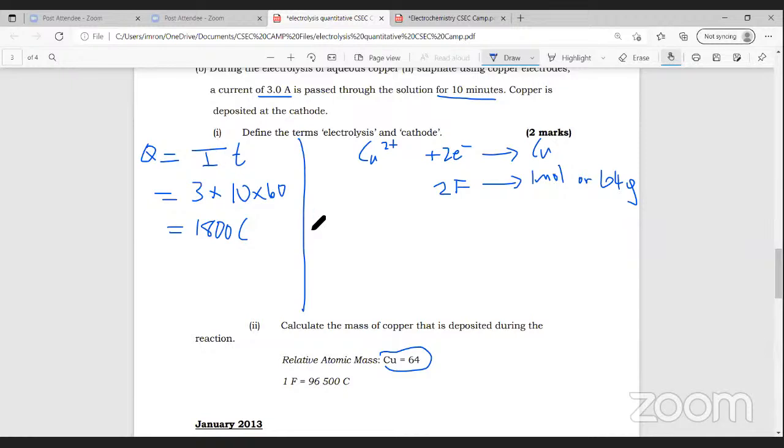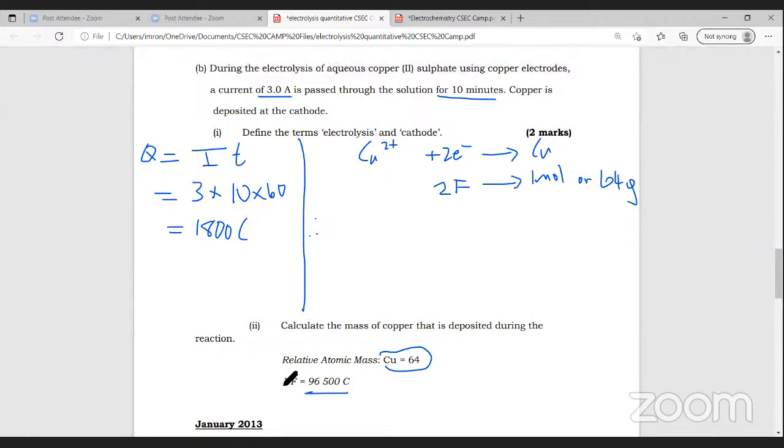So therefore, if we convert the Faradays to coulombs, 1 Faraday is 96,500 coulombs. So if we convert this to coulombs, we multiply by 96,500.